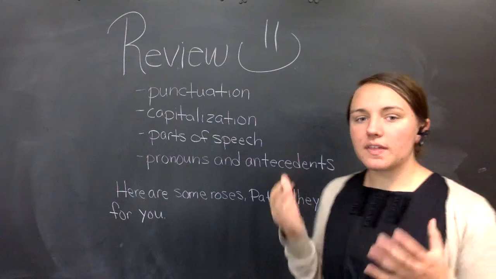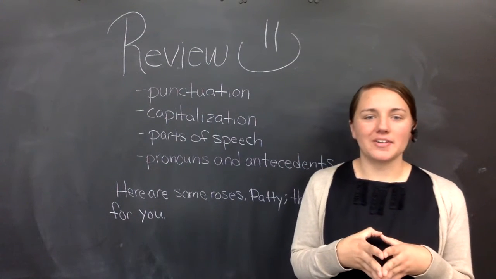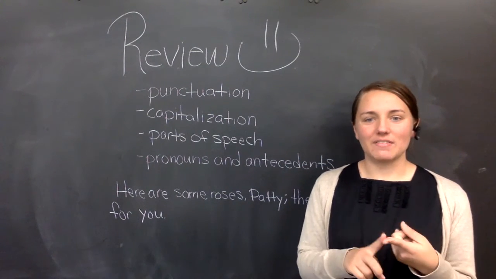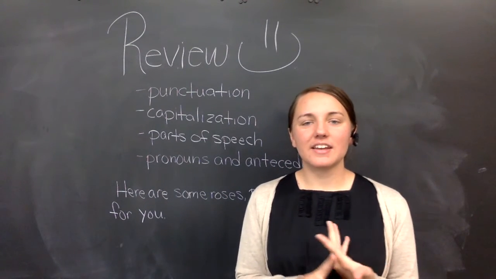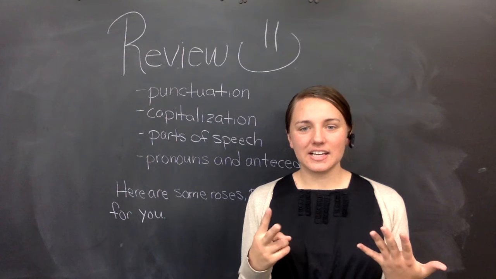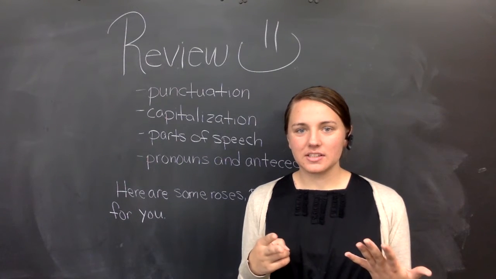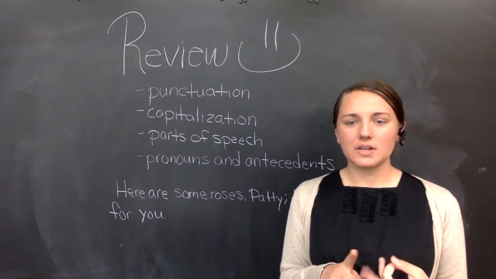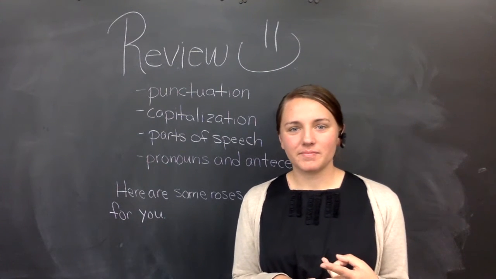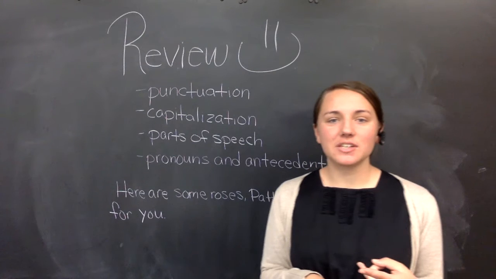Okay, parts of speech. What are the different parts of speech that we've learned about so far? We have noun, verb, pronoun, adjective, adverb, conjunction, interjection. Okay? Now a noun is a person, a place, or a thing. What is a verb? A verb shows action or state of being.